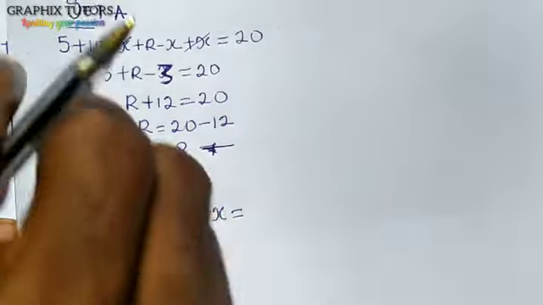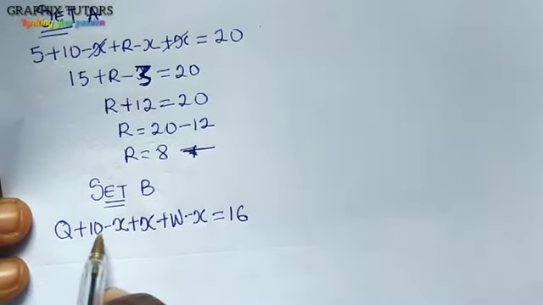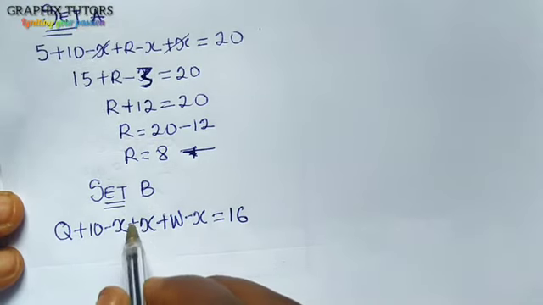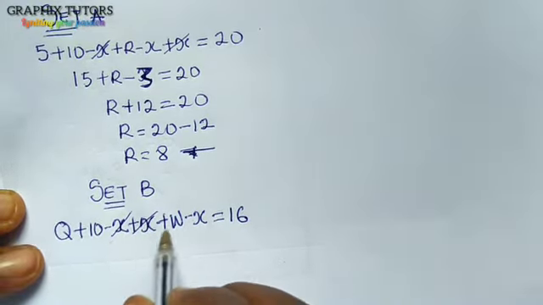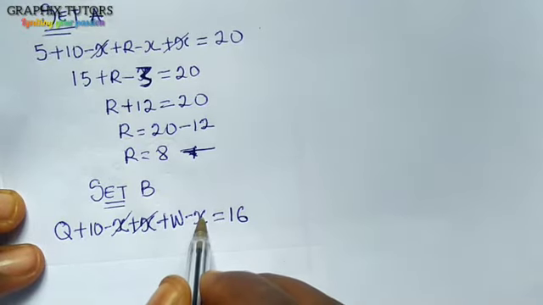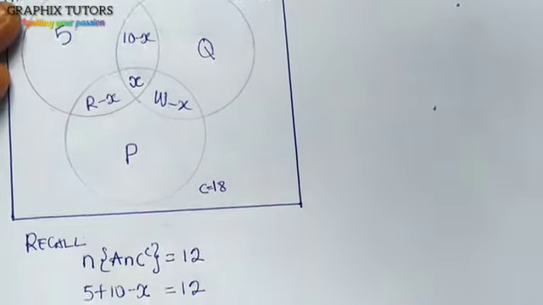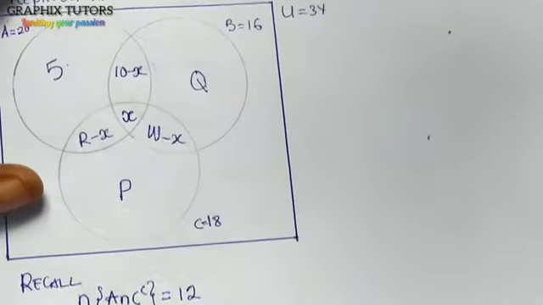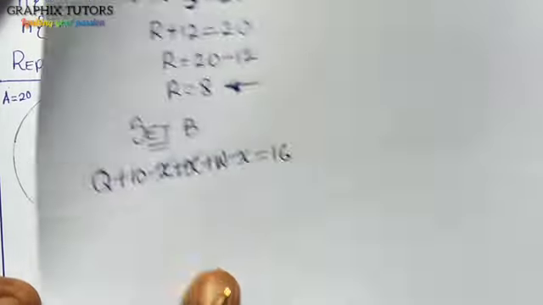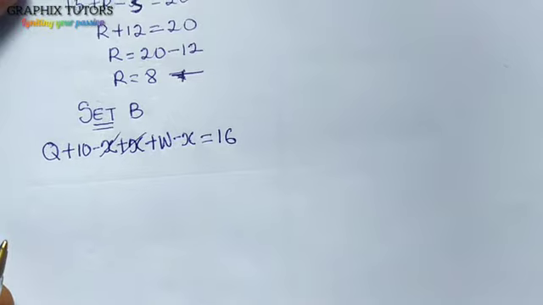So let's see how that goes. At this point, you know that minus X will equate plus X, right? So we know our X is 3 from what we did earlier. X is 3, right? So we are going to input it there. So let's see how that goes.